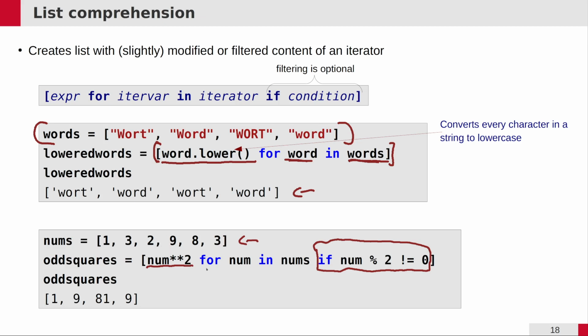And then the list comprehension would be similar to before. I say that the item num should run over all the items in the list nums. It should square them, but only if the remainder by division by 2 is non-zero, so it's an odd number, and you get exactly that. And with that, we finished the chapter about lists and tuples.